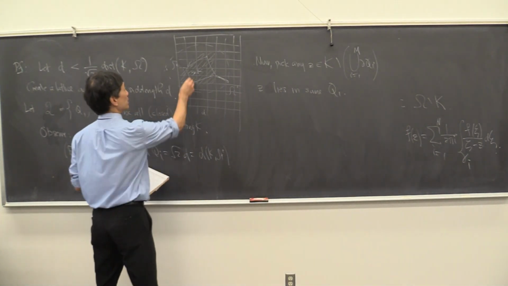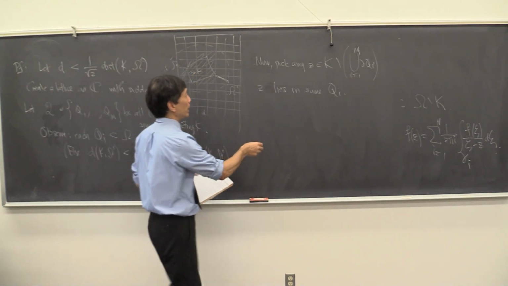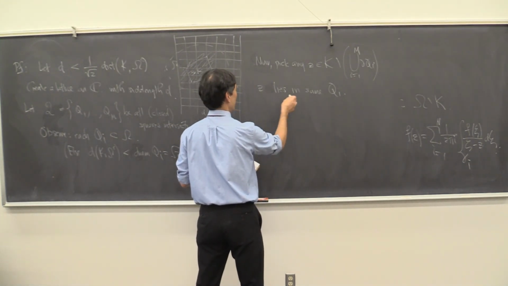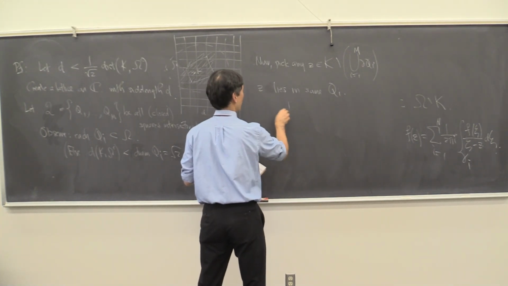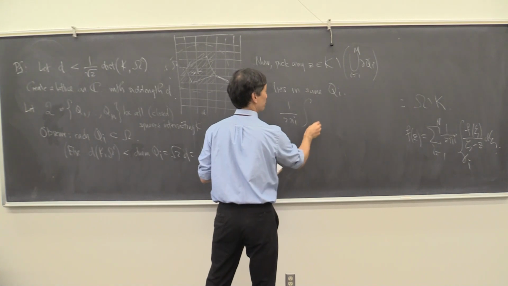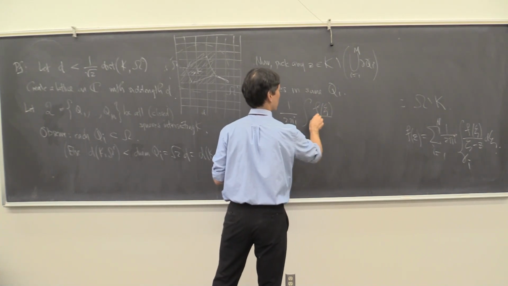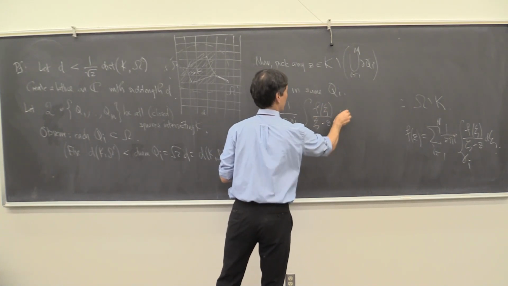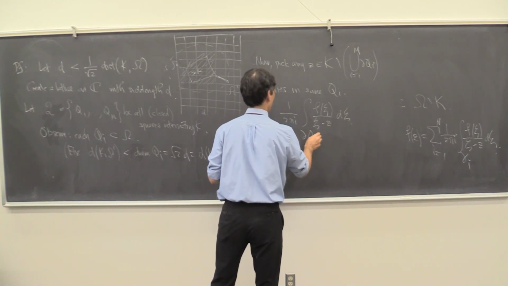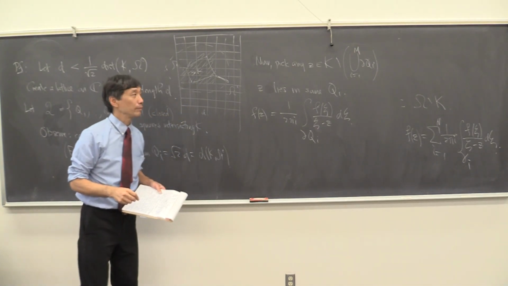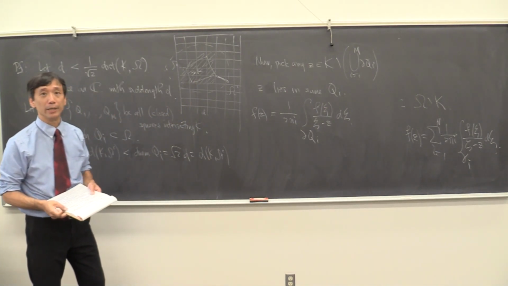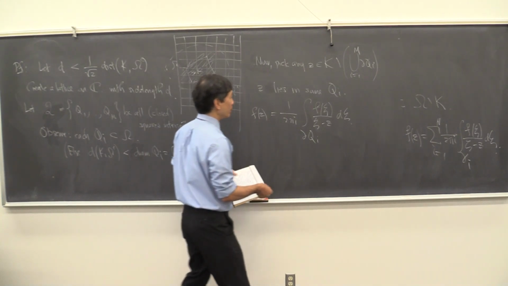By the Cauchy integral formula, we know that 1 over 2 pi i times the integral is going to be f of z for that particular i, and it's going to be 0 for everybody else.